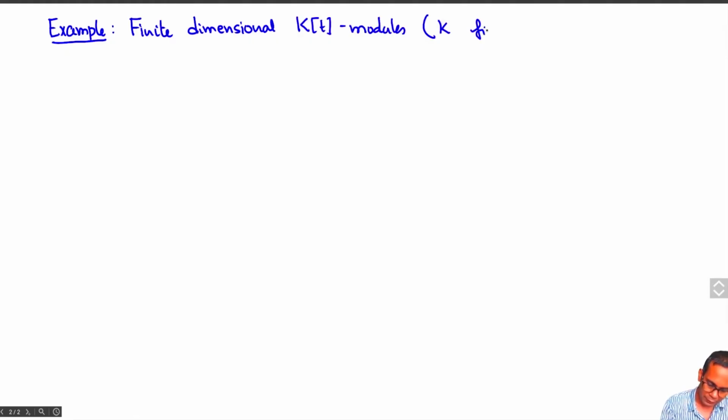K is a field, and when we say finite dimensional, we mean finite dimensional over K. So finite dimensional K[t] modules are in bijection with matrices. I'll recall how this works in a bit, but you've seen this in Algebra-I if you took Algebra-I. So suppose M is a finite dimensional K[t] module.